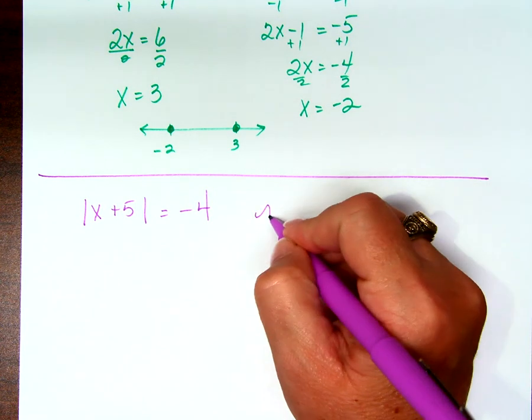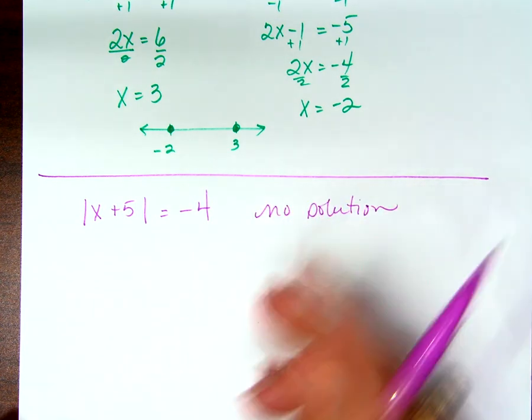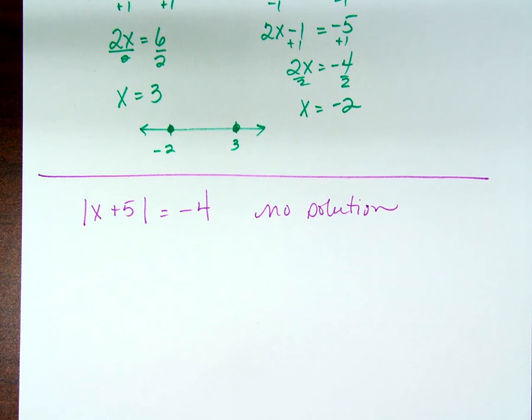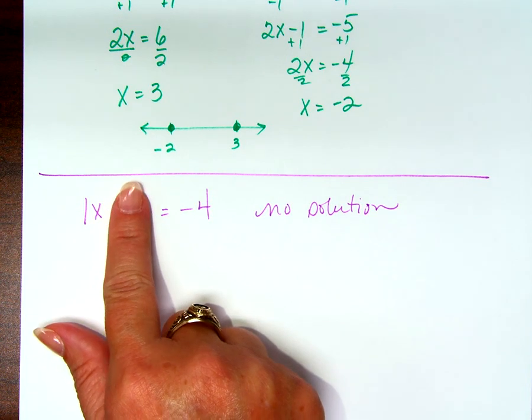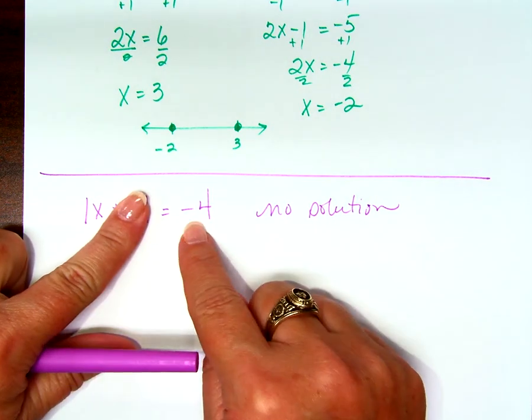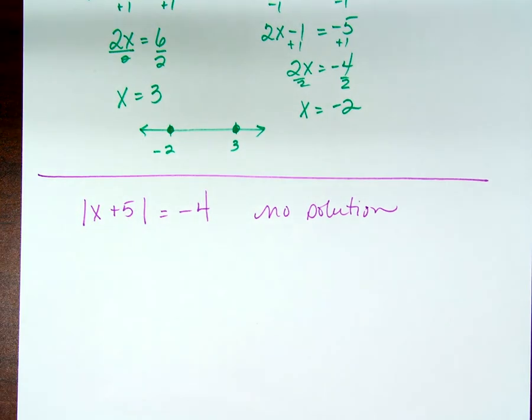Never. Absolute value is the distance from 0, right? Distances are negative or positive? Positive, right? Anytime we take the absolute value of a number, we get a positive number. This is positive. When is a positive number going to equal a negative number? It never will, so we have no solution. Okay?